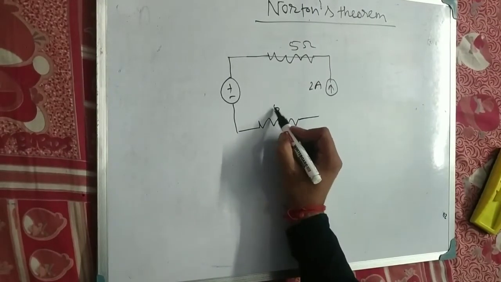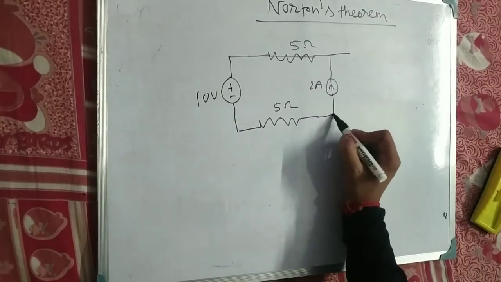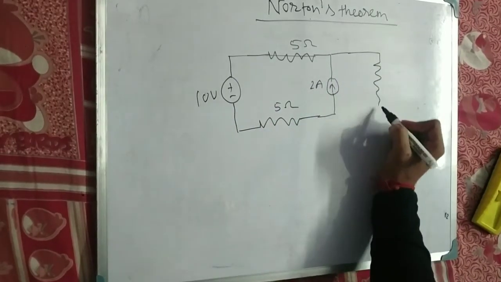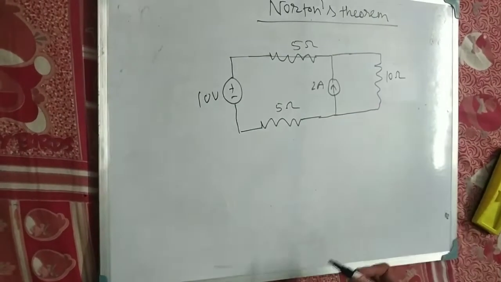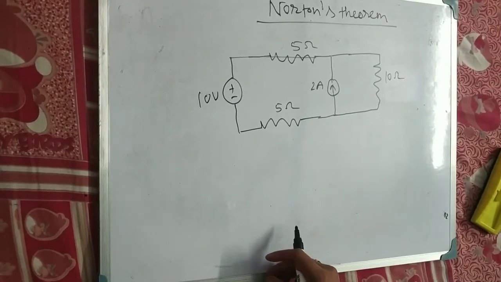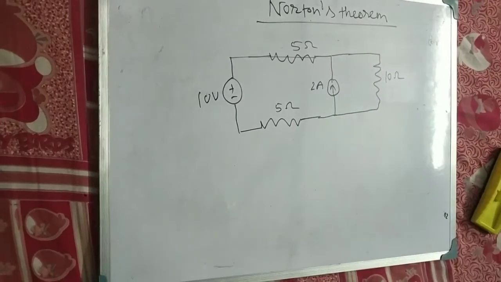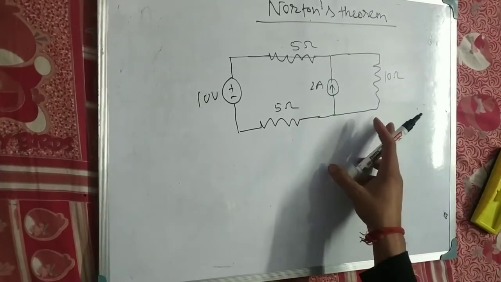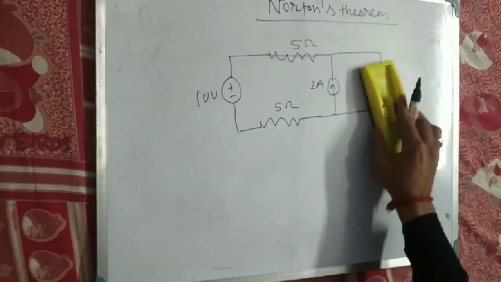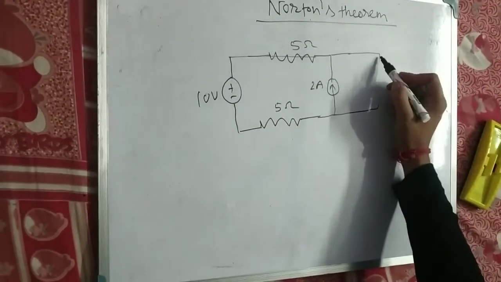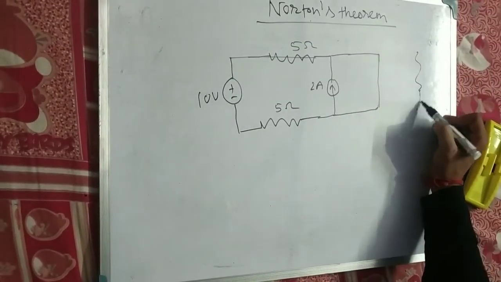Here is another 5 ohm, the 10 volt source, and this is the 10 ohm. If I want to find the current through the 10 ohm resistance through Norton's equivalent circuit, first we will short circuit this, so this open resistance will be 10 ohm.